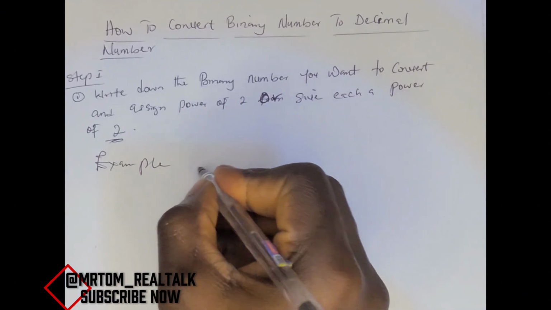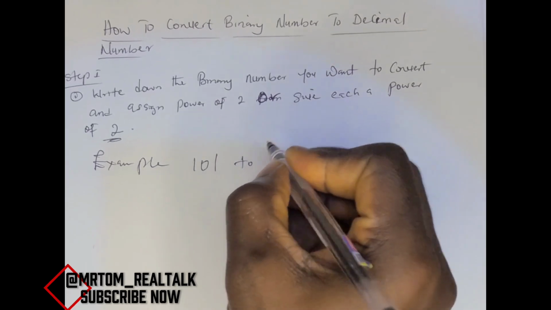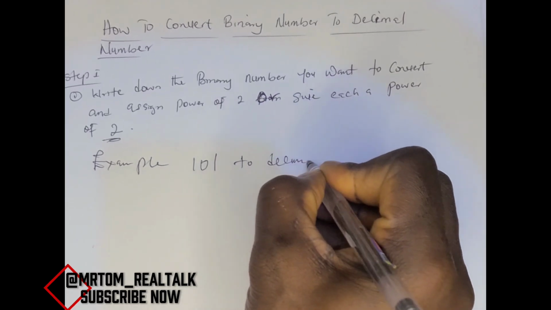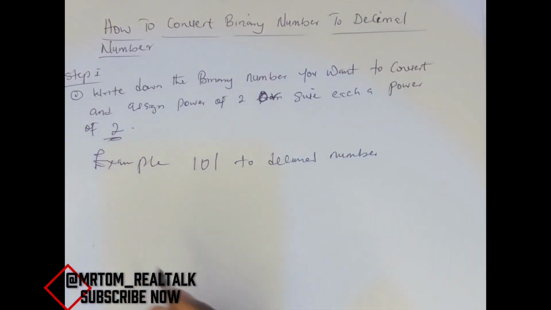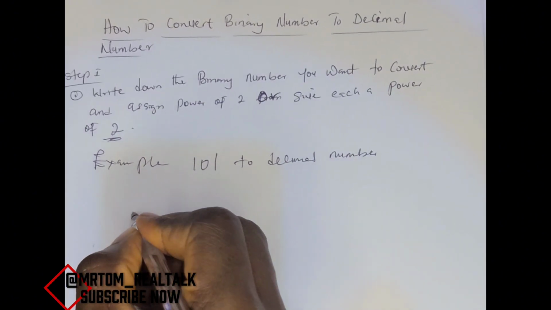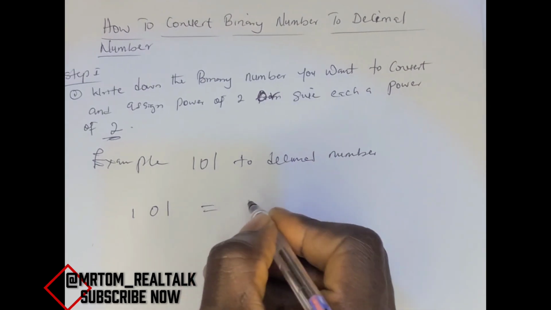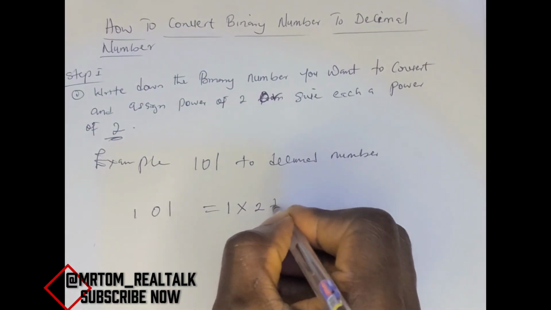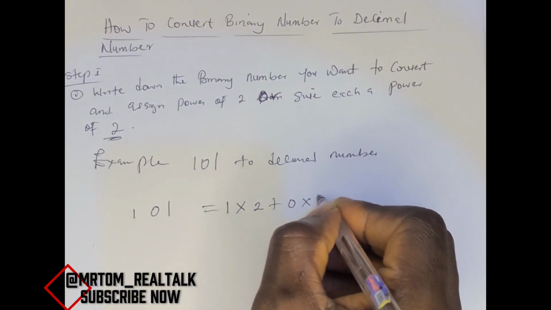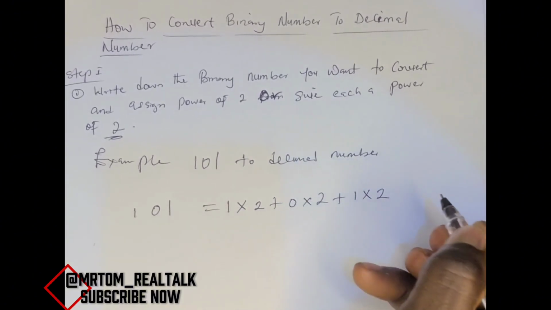Let's say we convert 101 to a decimal number. First of all, 101 is equal to, giving each digit a power of 2, 1 multiplied by 2 plus 0 multiplied by 2 plus 1 multiplied by 2.